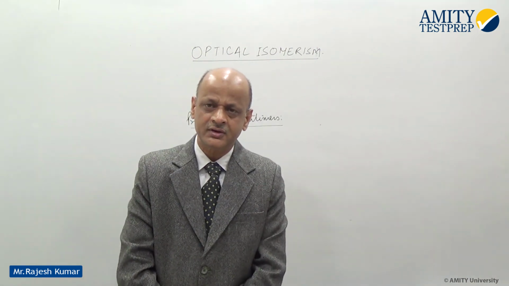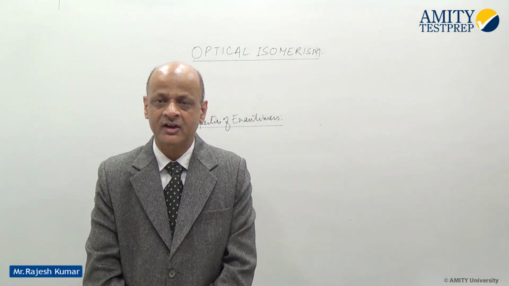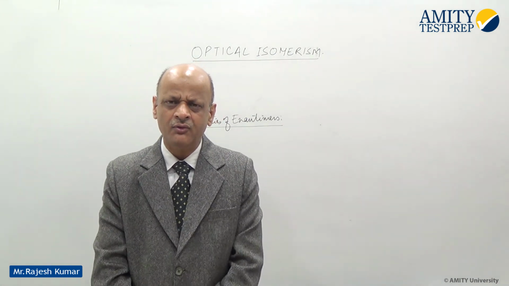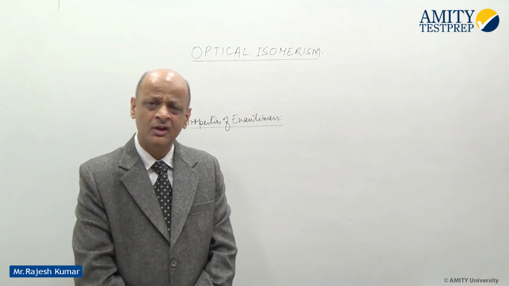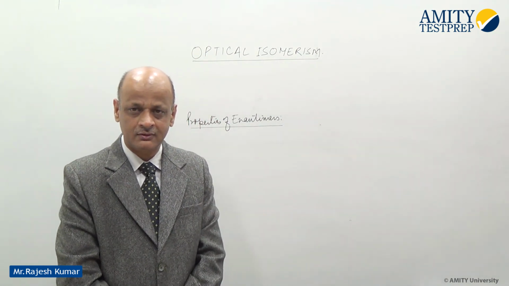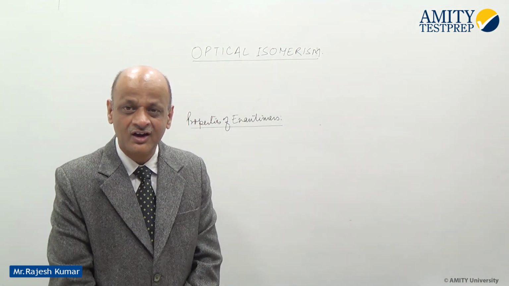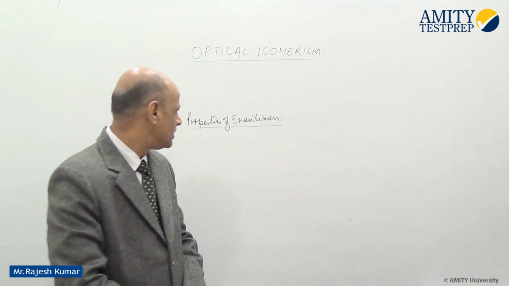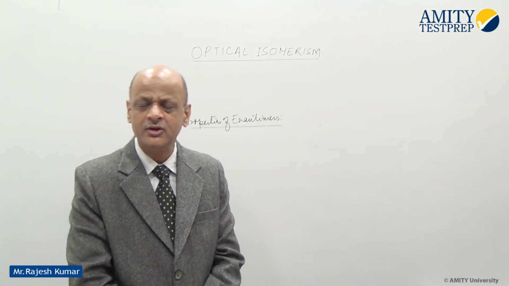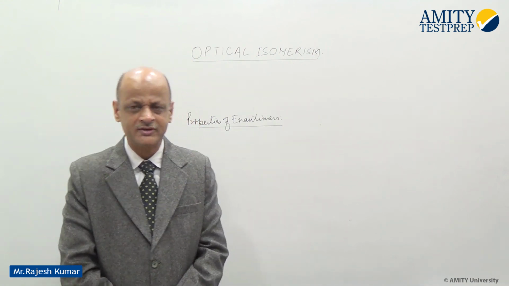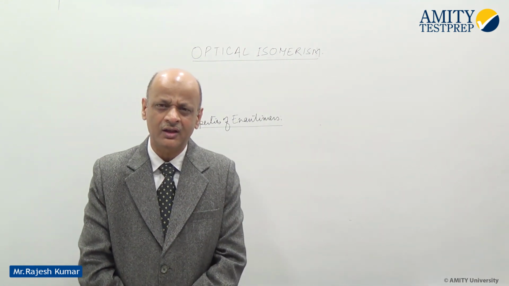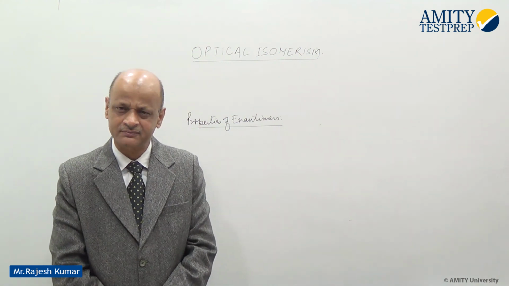So we have studied till now about optical activity and optical isomers. Now we are going to discuss the enantiomers. What are enantiomers? Those configurational isomers which are mirror images of each other are called enantiomers. Now we will discuss the properties of enantiomers or enantiomeric pairs. The enantiomers have the same physical as well as chemical properties.